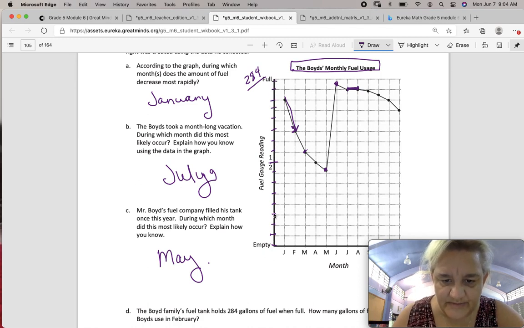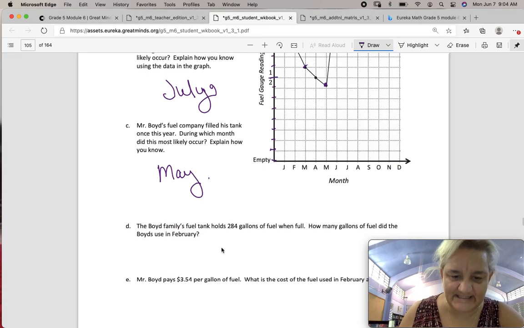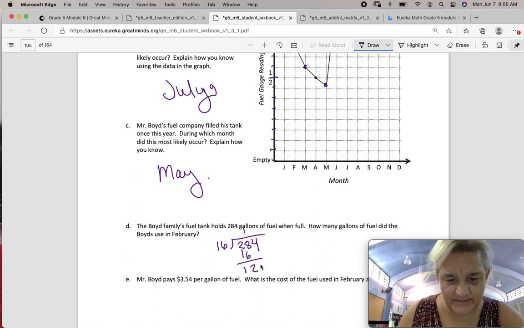So 1, 2, 3, 4, 5, 6, 7, 8, 9, 10, 11, 12, 13, 14, 15, 16. So we're going to divide 284 by 16. And that goes in there once. 16 goes here. And then I've got 1, 2, 4.